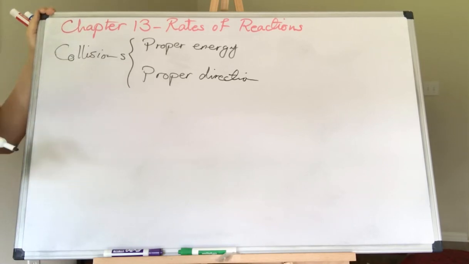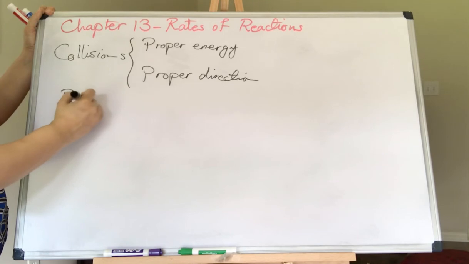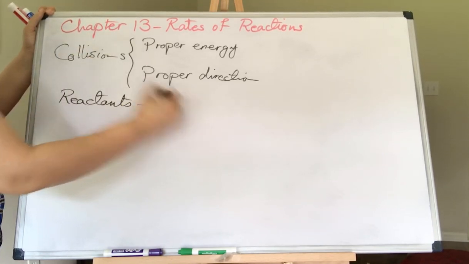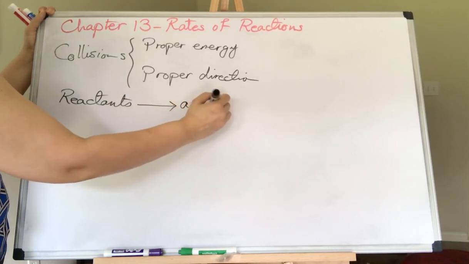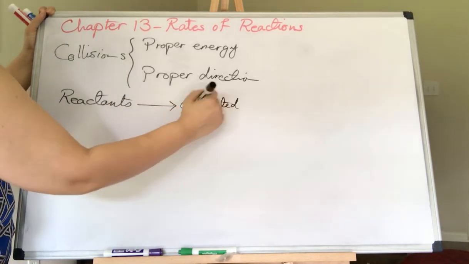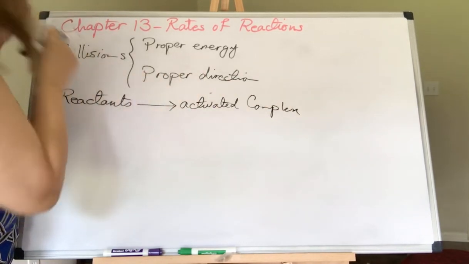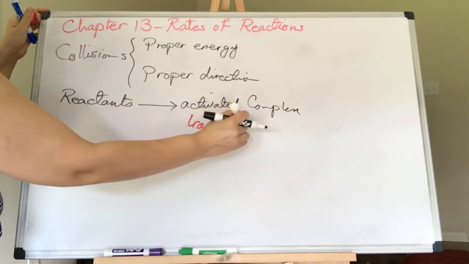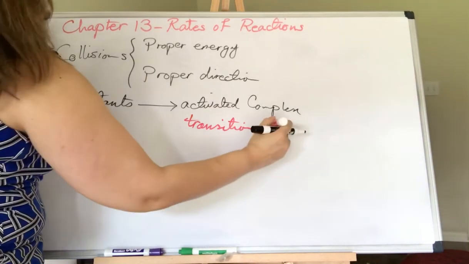So it is believed that the reaction starts from reactants and goes to an activated complex, which is a sort of transition state. We call it transition state theory.